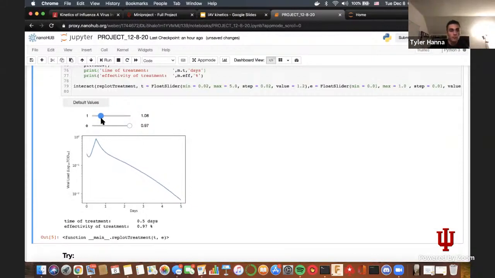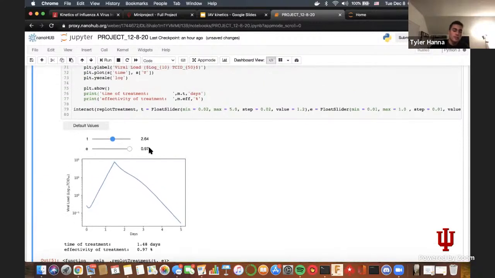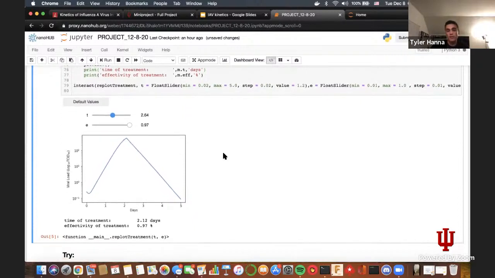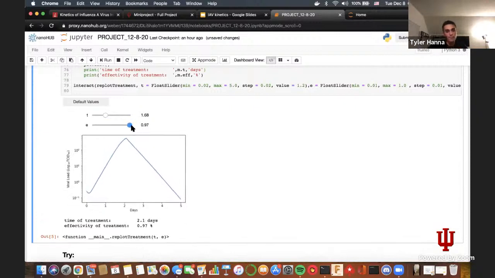And as you delay the treatment, it becomes less and less effective. Also, a key thing to point out is that this 97% effective rate was an assumption made in the paper, and I found that to be possibly unreasonable. So I added a slider to change how effective the treatment really is.